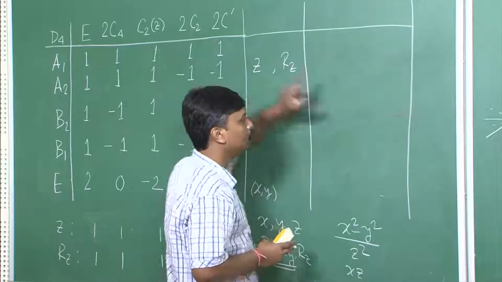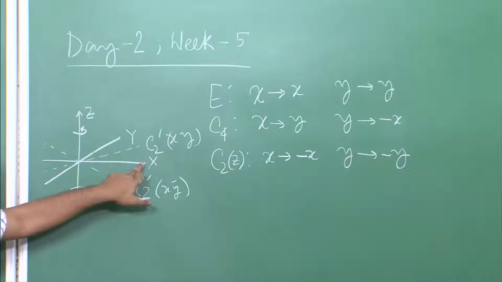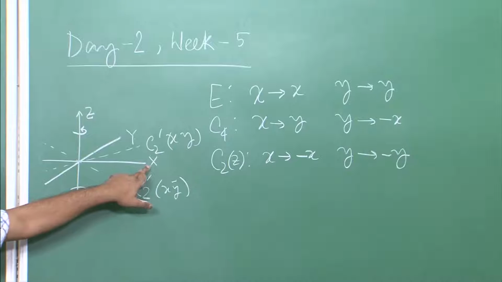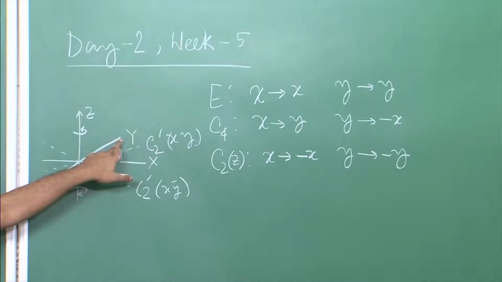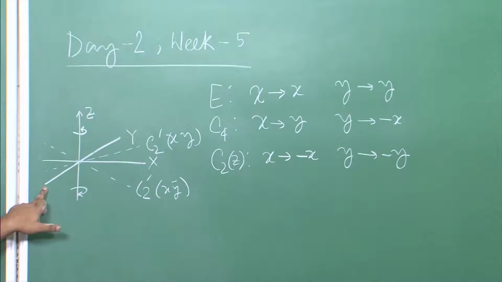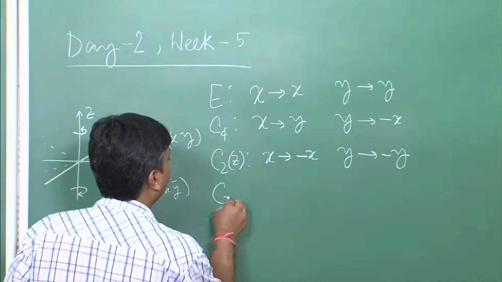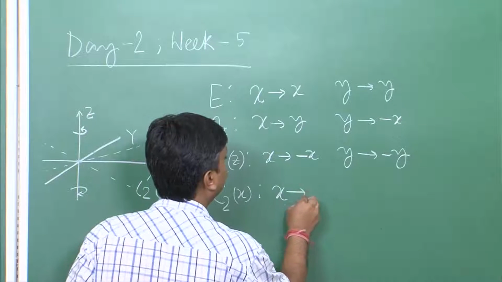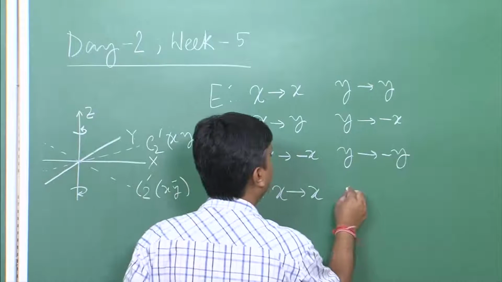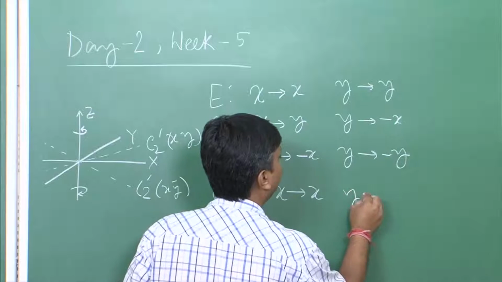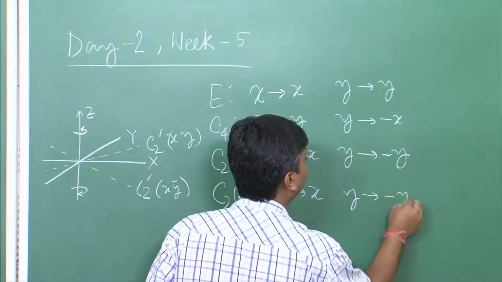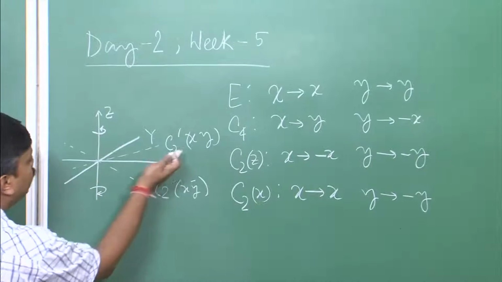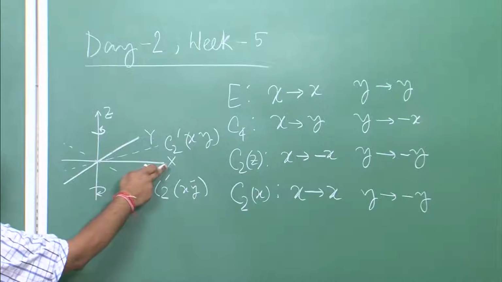Then C2, let's take C2x, okay. So C2x will not change x, but it will change y to minus y. That means x remains unchanged, and y will become minus y. And then C2 prime xy, say for example, then what will happen?